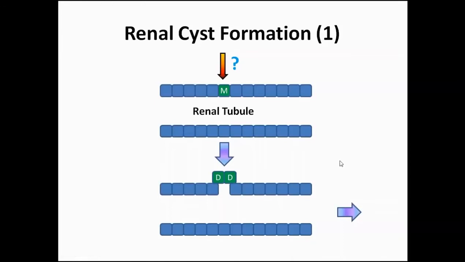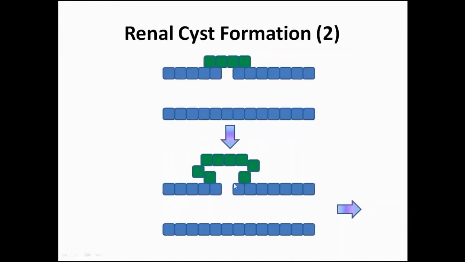But if these cells continued to divide, so there were 4 cells. Now, if you look at the arrow, if each of these cells divide, you have 8 cells. And because the tubule still continues to exist as this tubular structure, these dividing cells have nowhere else to go but to sort of bleb out.